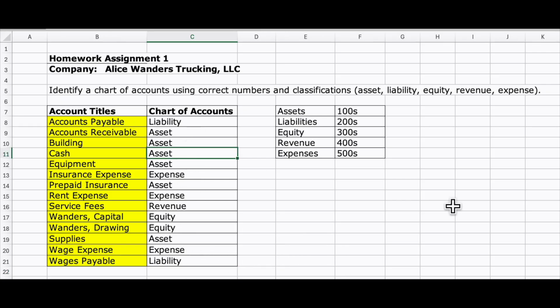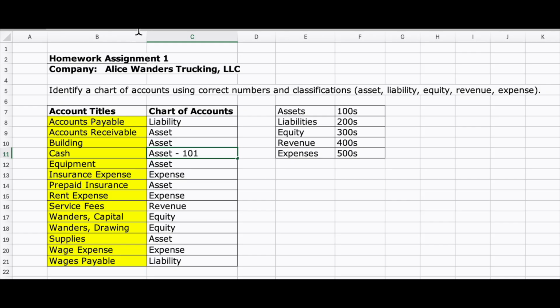Now what we're going to do is go through and add the correct number to each one. So let's start with our assets. You want to go for the most liquid of assets and start off at 101. So in most cases, at most companies you'll work with, you'll have that asset account and then you'll just add a 101 for cash.